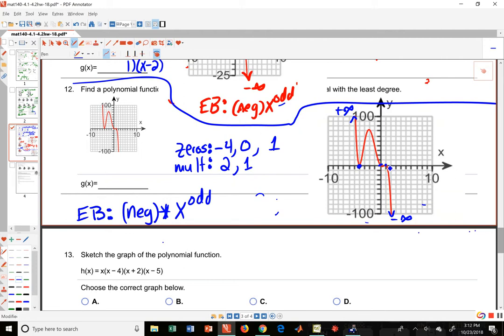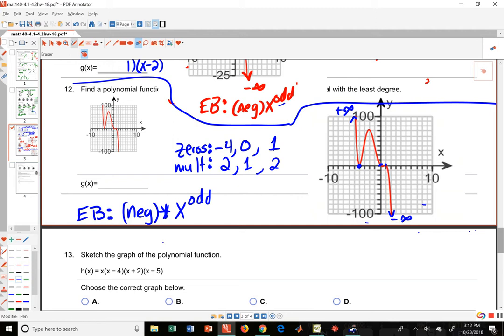And then we have it bouncing off of that +1. It could be a 2, it could be a 4. Let's go with a 2 for simplicity. Once we look at the calculator, maybe another idea might pop in our head. And remember, we got to do a leading coefficient.